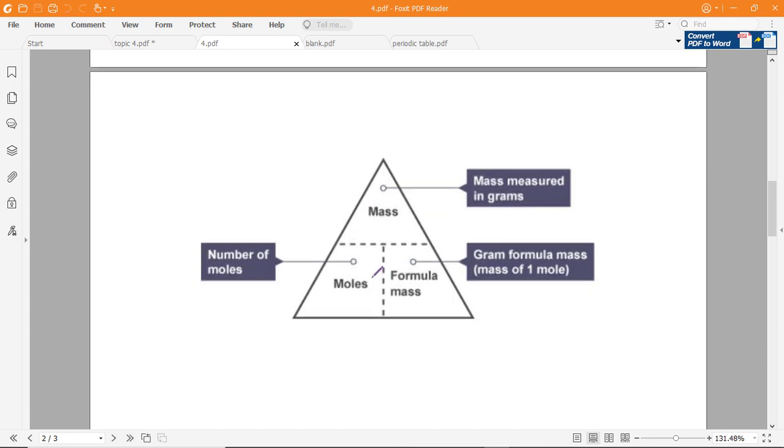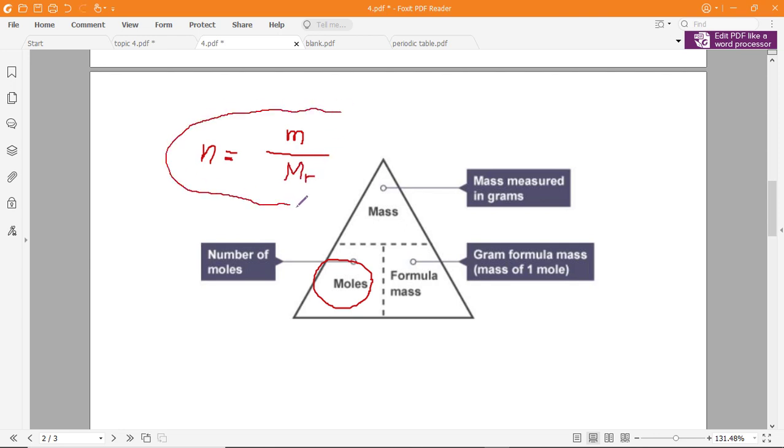In case you need to calculate number of moles, which is n, it equals the given mass of the substance divided by the formula mass, or you can say the mass of 1 mole, the molecular mass, Mr, the relative molecular mass.